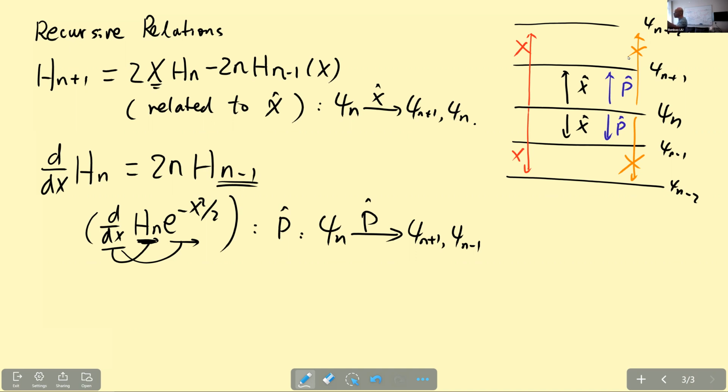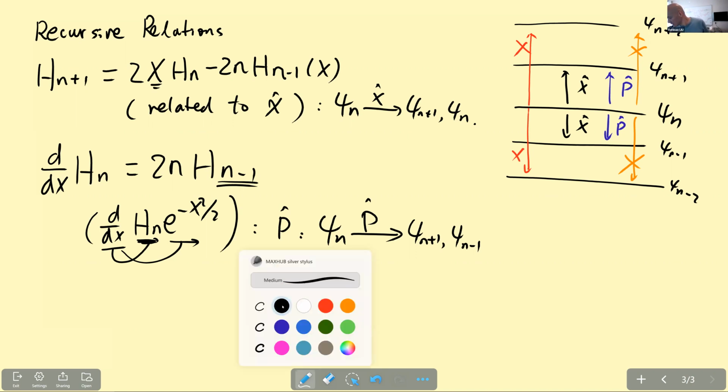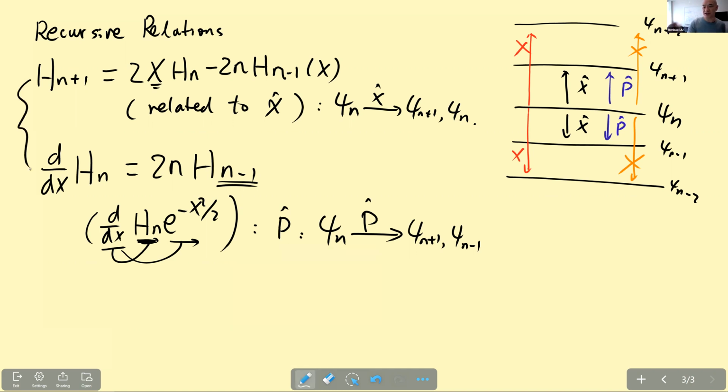So if you apply the momentum operator on the eigenstate of this harmonic oscillator, it will go up by one state or go down by one state, but it can never go by two states, right? So that's the use of this recursion relation, okay? Right. So this is one feature that we're going to use, okay?